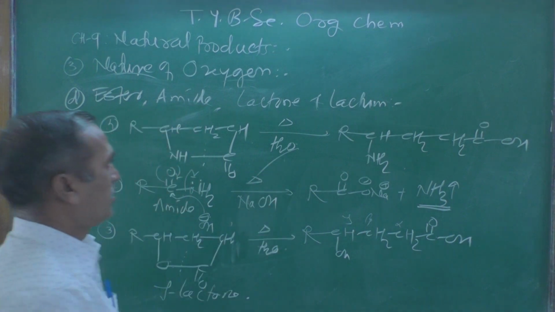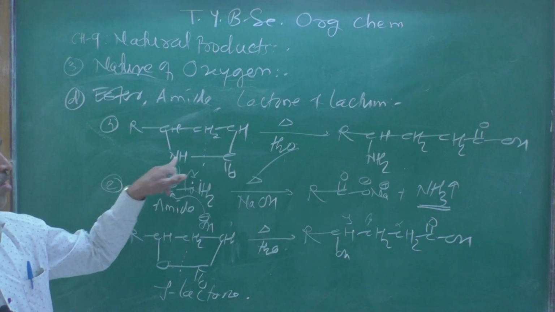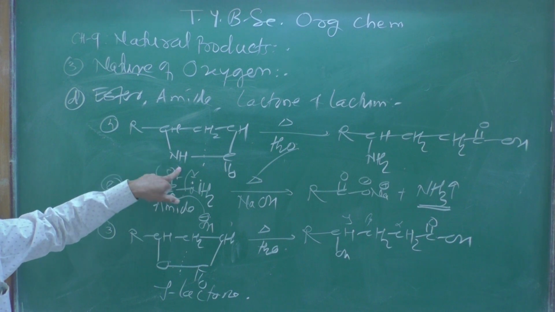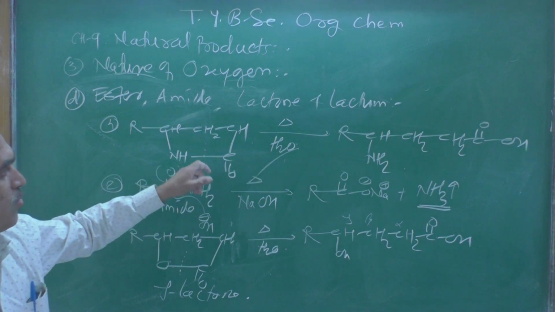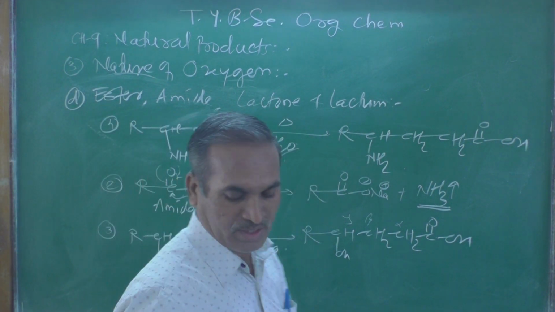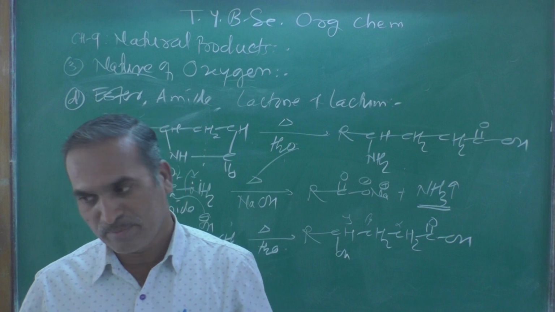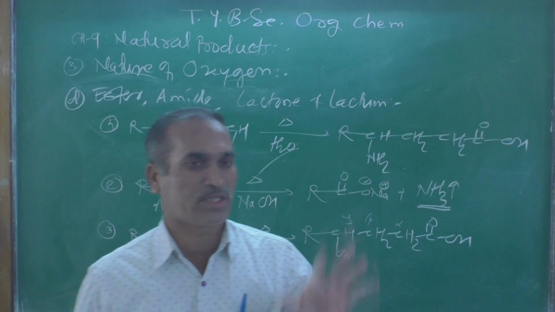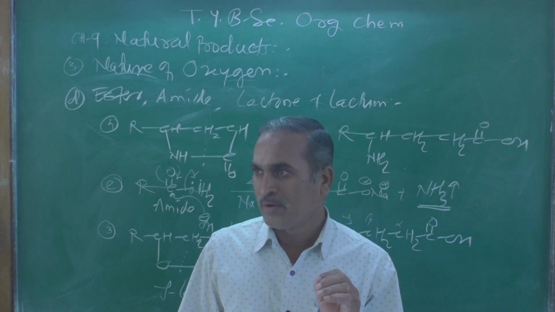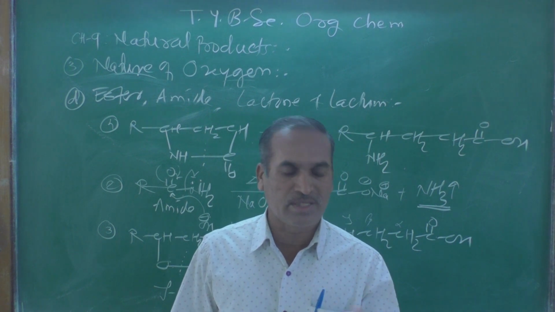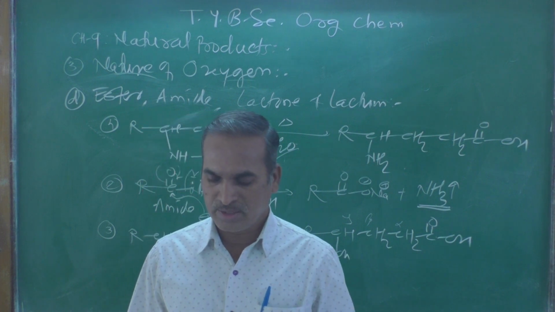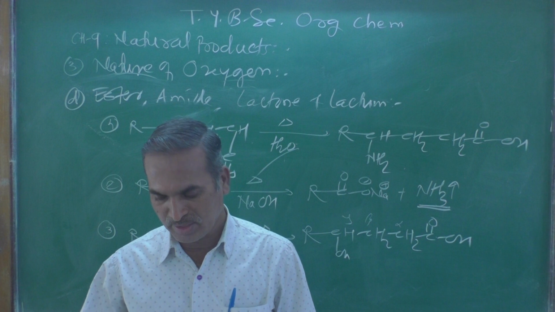From water, a hydrogen atom goes along with that NH, so it becomes NH2, and the hydroxy group OH is attached to the carbonyl group and that becomes an acid. So in this way, by studying the hydrolysis product, we can easily find out whether it is an acid, amide, lactone or lactam in the given compound.